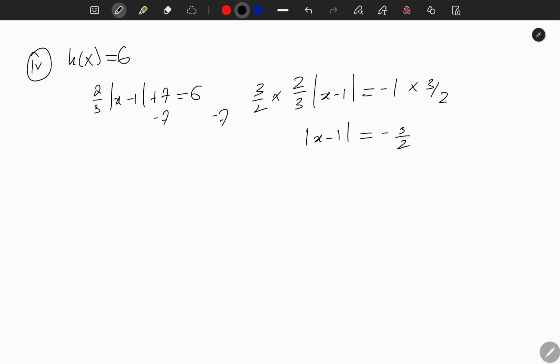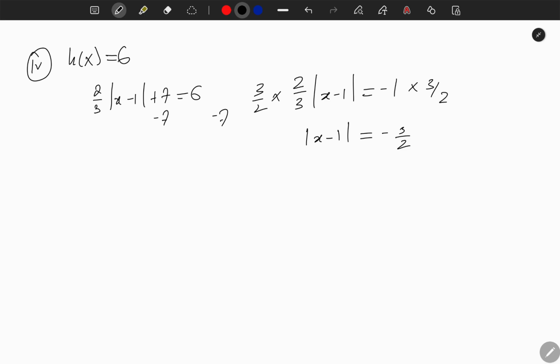Now here's the key. You can never get a negative number when talking about an absolute function. Let me tell you this. What is the absolute value of 2? It's still 2, right? What's the absolute value of negative 2? It's still 2. Are you getting a negative? No. So because of this, once you have a function like this and there's a negative number at the end, don't even bother solving it.